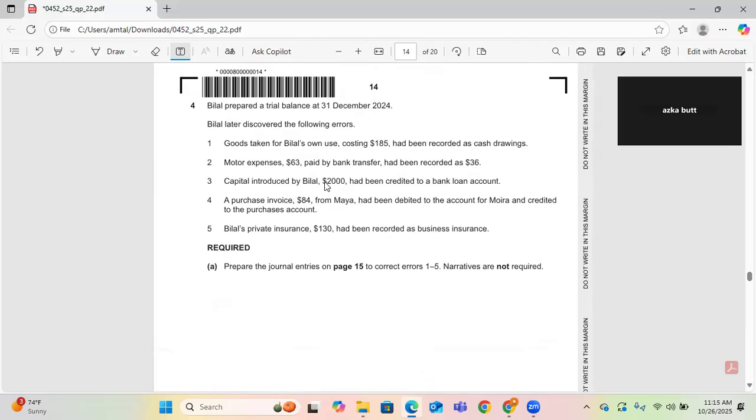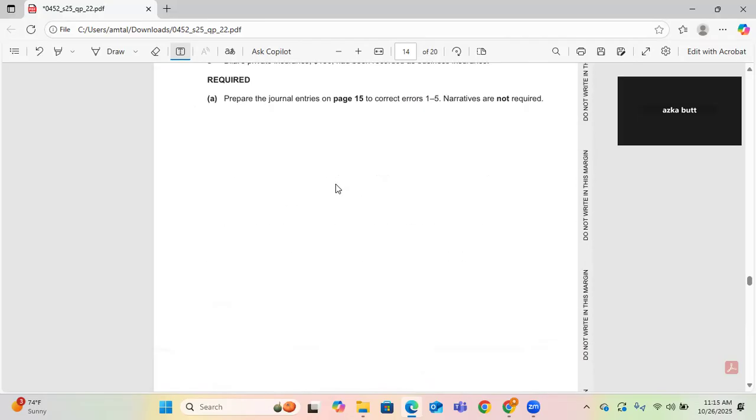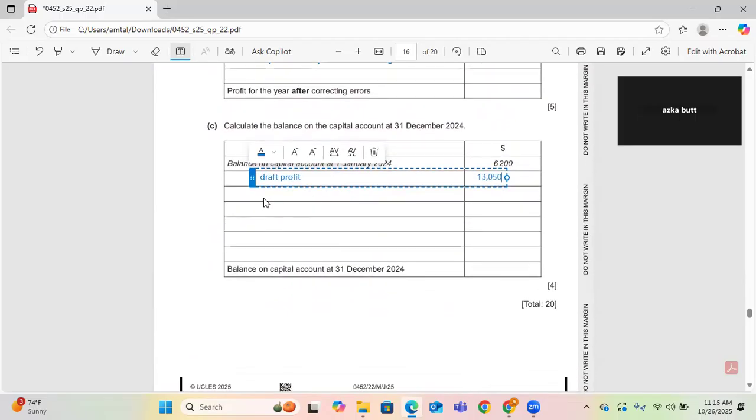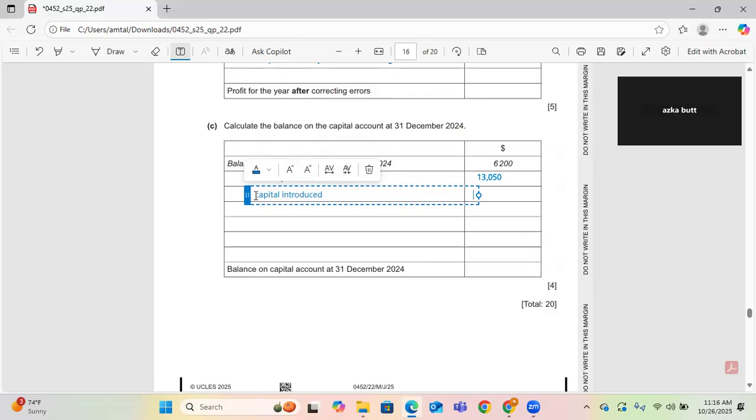Yeah, we have introduced the capital again, $2,000. So that's why this is a capital introduced. We have to add it. Just 2,000. And we need to deduct the drawings.